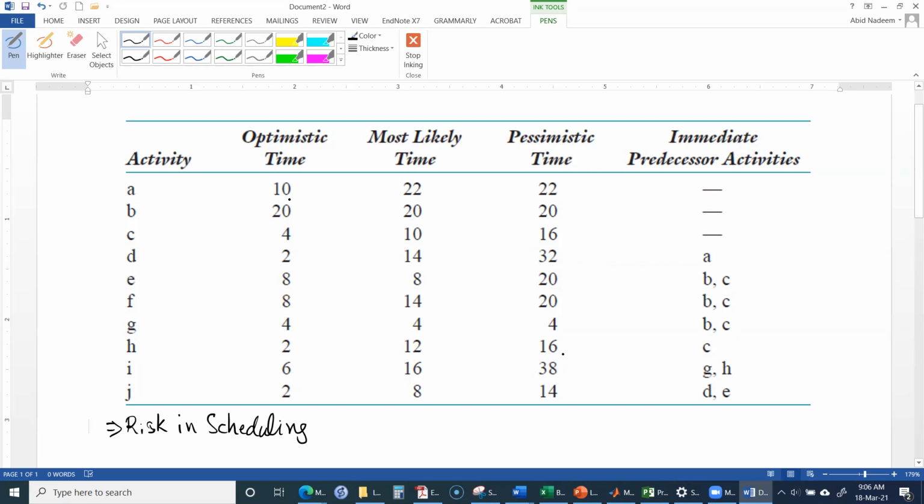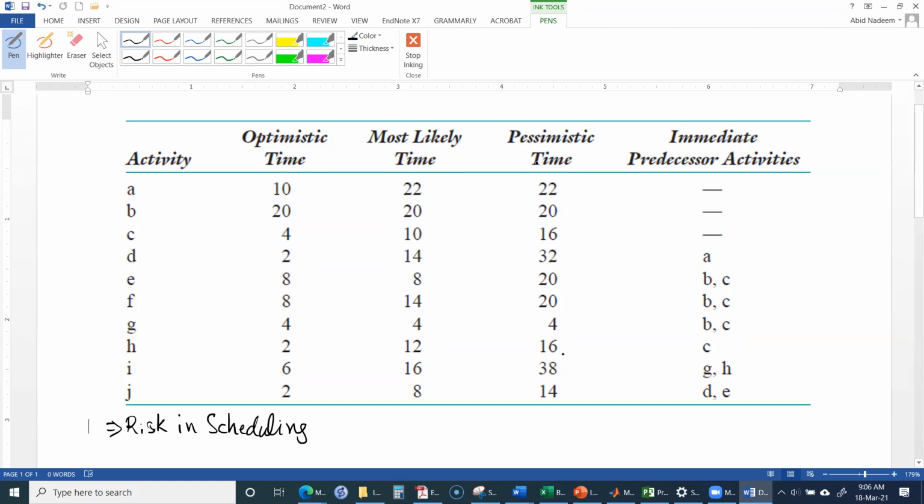Optimistic time is the quickest possible time for that activity. Most likely time is in between the quickest possible and the slowest possible time. The slowest possible time is the pessimistic time, that is the slowest an activity can be finished. And most likely time is that time in which you complete the activity most of the time.